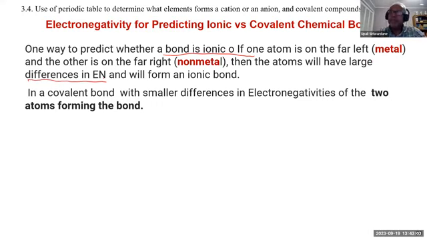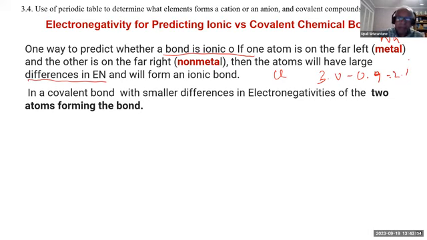Like I said in the previous slide, for a non-metal, for example chlorine, the electronegativity difference is 3.0 minus 0.9, which is 2.1.